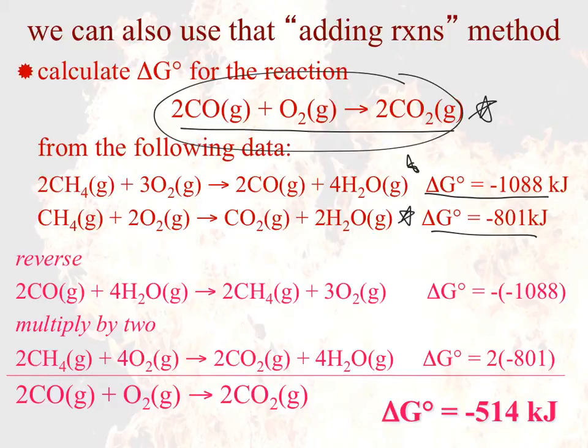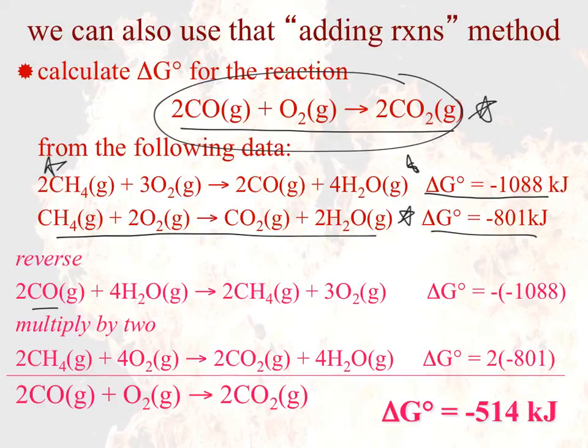Okay, so in order to do that, the first thing we're going to need to do to this first reaction here is we need to flip it, because we want to have our carbon monoxide on this left-hand side. Okay, for our reaction number 2, we're going to need to multiply through by 2 in order to get our corresponding pieces to cancel out in the appropriate way.